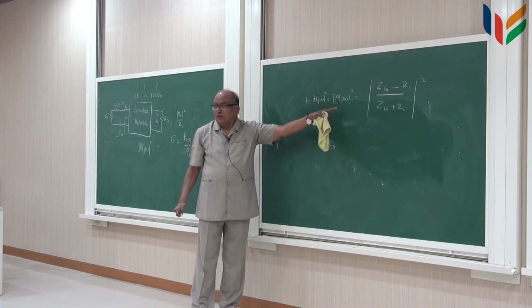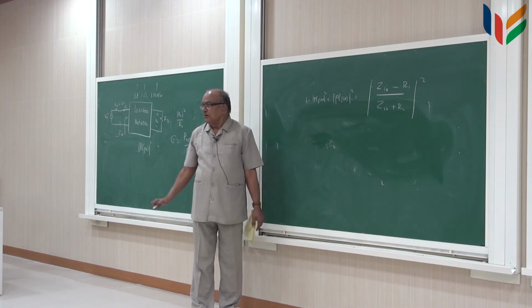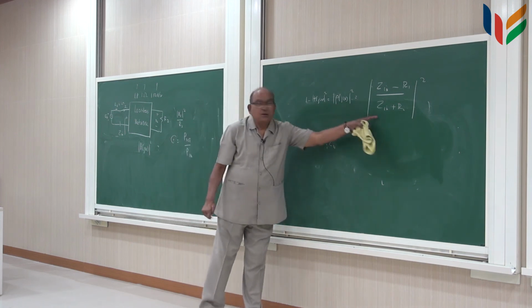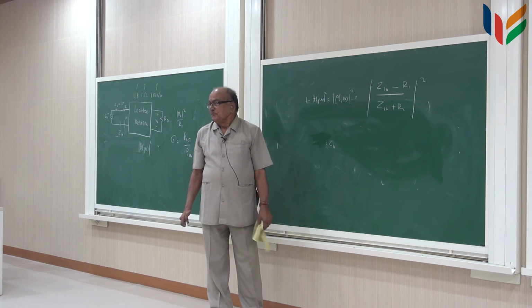So |ρ(jω)|² has to be positive, and it is positive, guaranteed. So this is given by this. Right?